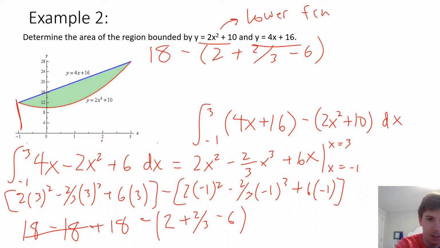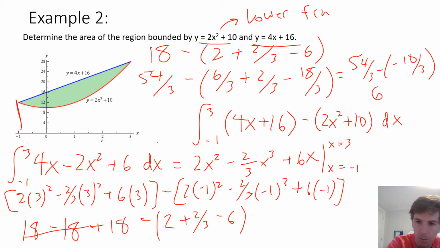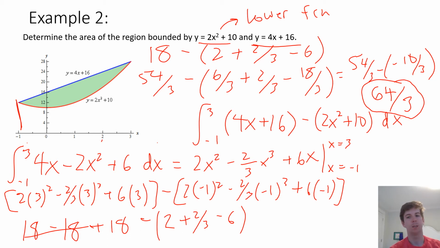So 18 is going to be 54 over 3 minus 6 over 3 plus 2 over 3 minus 18 over 3, which ends up getting us 54 over 3 minus negative 10 over 3. So 54 over 3 plus 10/3, we get 64 thirds. It's a lot of thirds. But there we go.